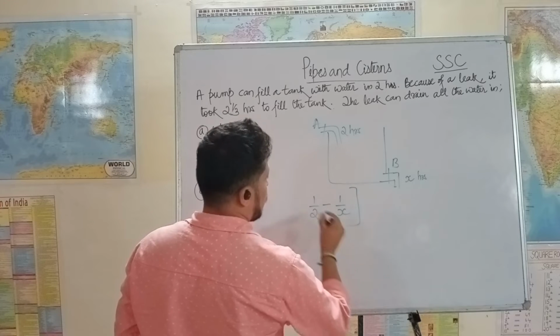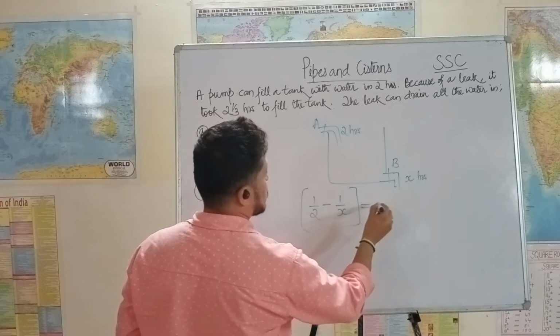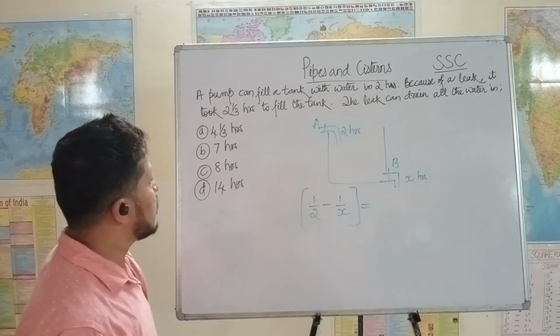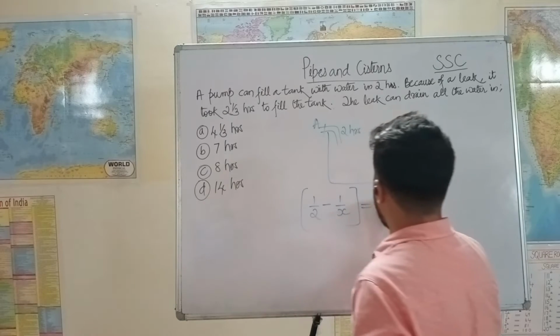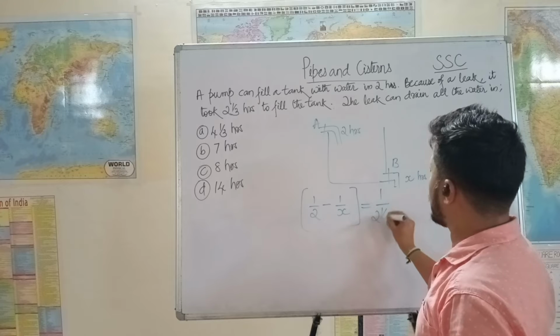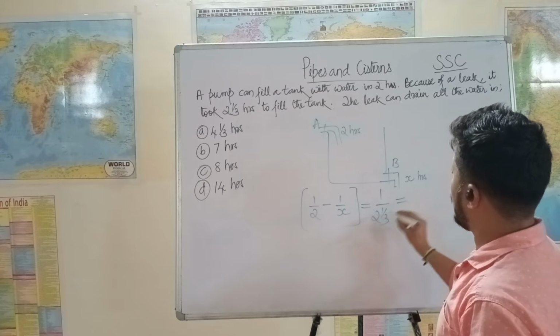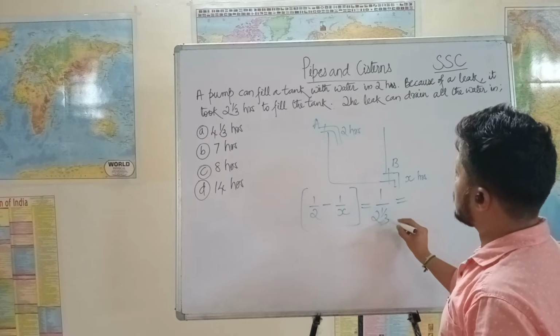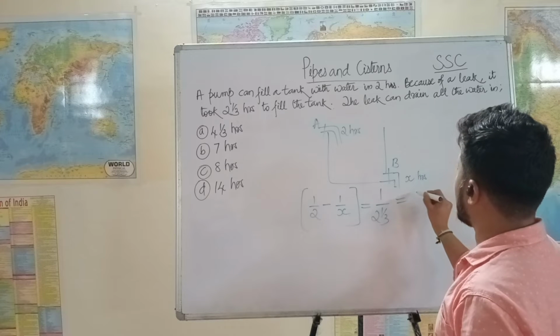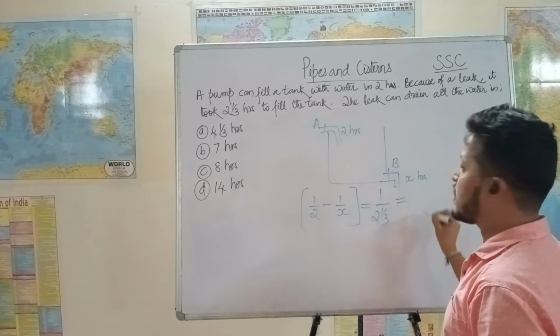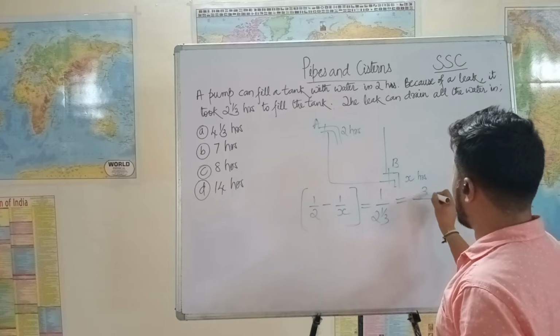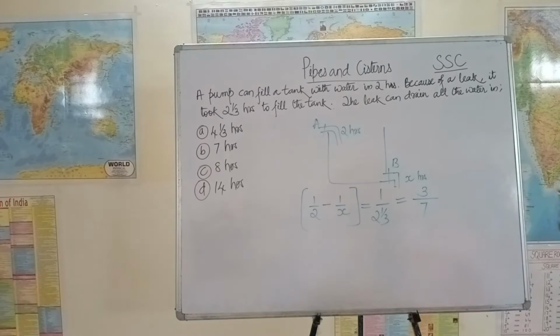When both were working together, it took 2 1/3 hours to fill the tank. That is 2 into 3, 6, 6 plus 1, 7 by 3. So 1 by 7 by 3 can be written as 3 by 7.